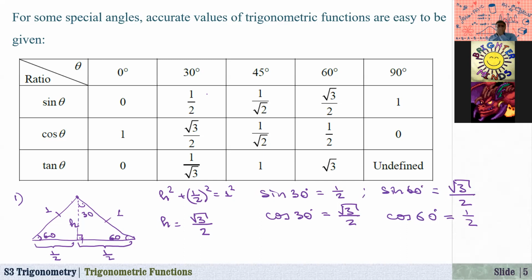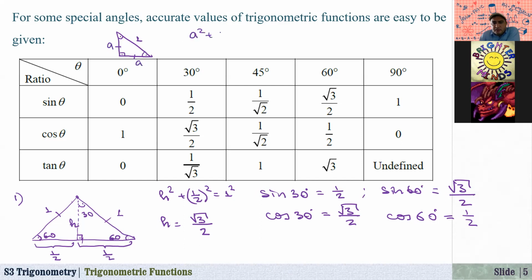Okay. And how about 45? Using a similar approach, let's say you draw for 45 degrees a right angle triangle, an isosceles right angle triangle. That means this angle is 45 and also this angle is 45, so this side is equal to this side. Suppose again that the hypotenuse is equal to 1, and let's call this side A. What will A be?